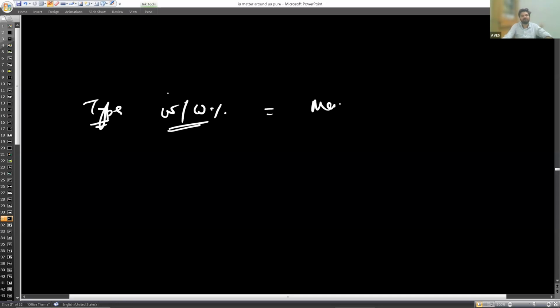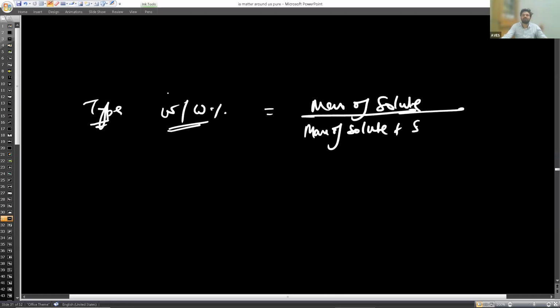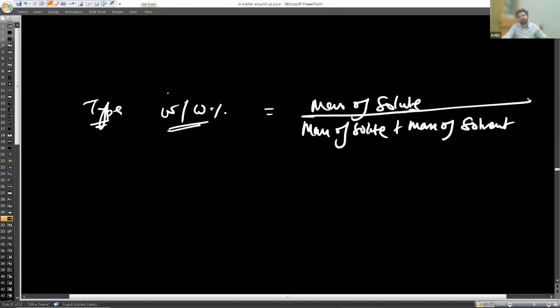They will give you the mass of solute and the mass of solvent. When mass of solute and mass of solvent are given, then mass of solution becomes mass of solute plus mass of solvent, into 100. This question will become like that.